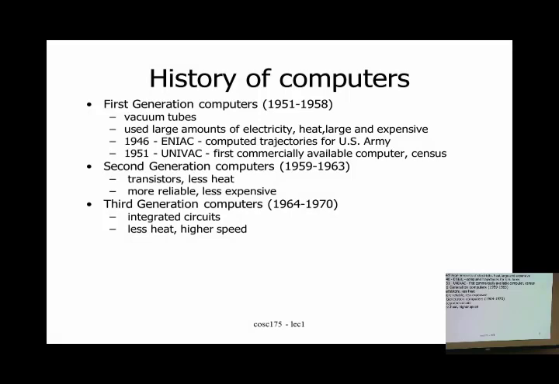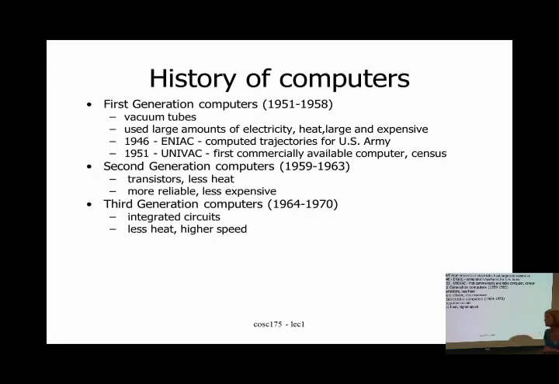So most of the first owners of computers were the Army and the government. Okay? Two of the most well-known computers from the very beginning were the ENIAC computer in 1946 and the UNIVAC computer in 1951.